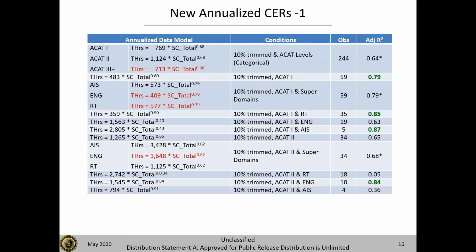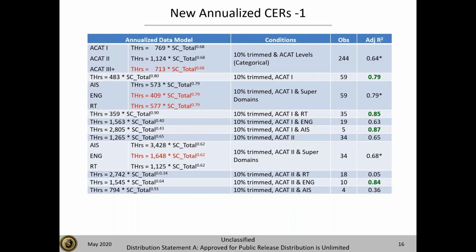The exponent is the same in each of those equations, but the intercept is a little bit different. Then we also separated it out in rows 4, 5, 6, and 7, where we separated out by the individual ACAT levels and application domain. And in general, that gave us better R² than looking at it as a dummy variable. And especially for particular groups.